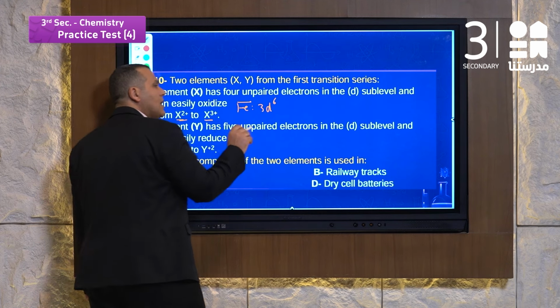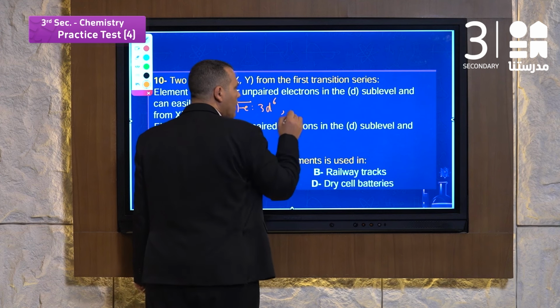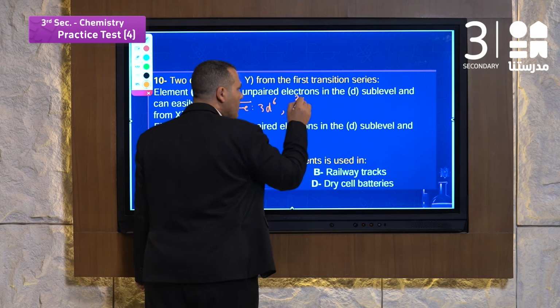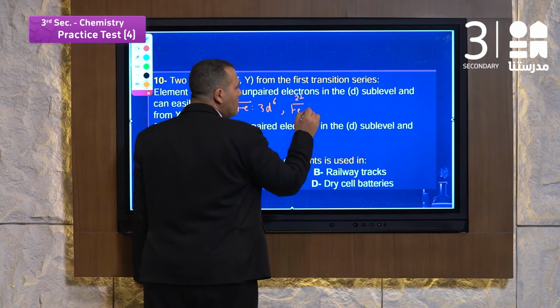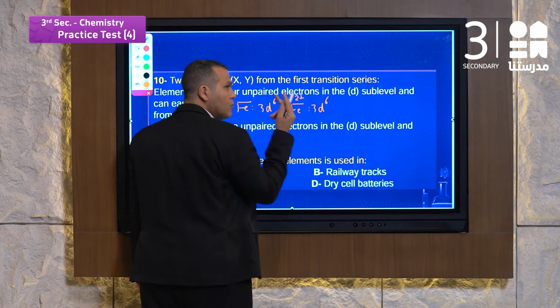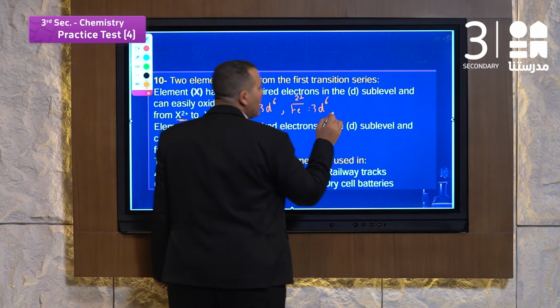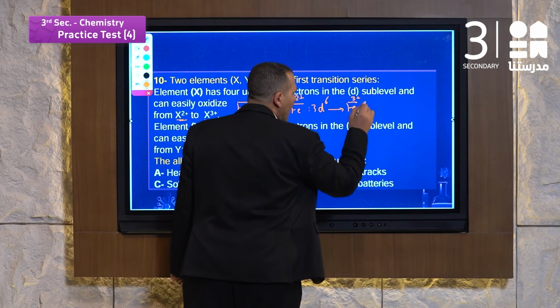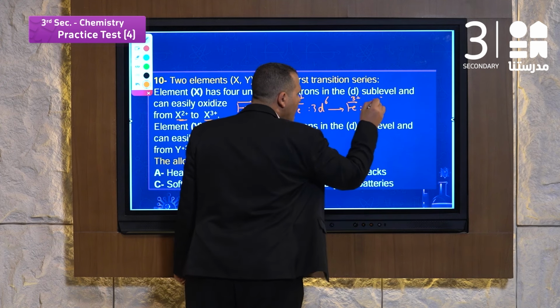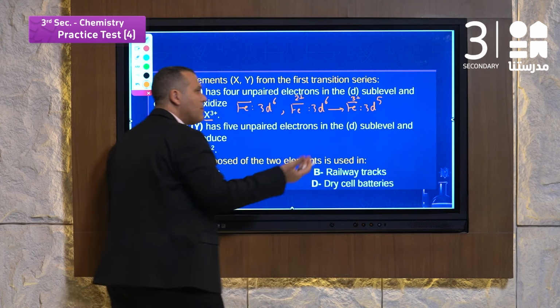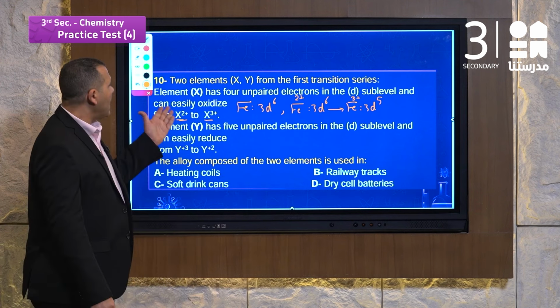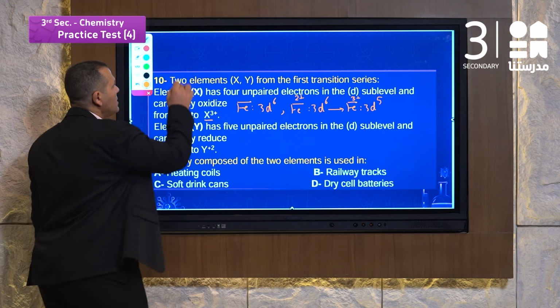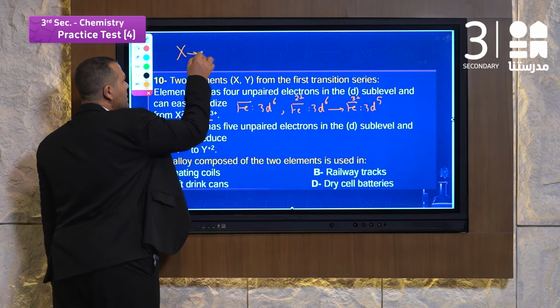Fe2+ ends with 3d6 as it loses 2 electrons from 4s, and is easily oxidized to iron 3 as it ends with a half-filled d sublevel and becomes lower in energy and more stable. The element X is iron, Fe.